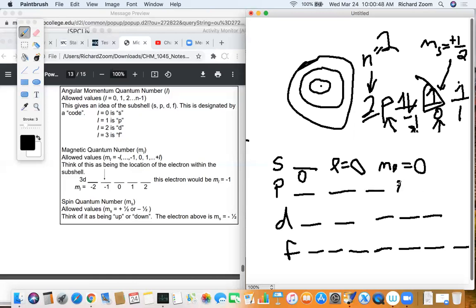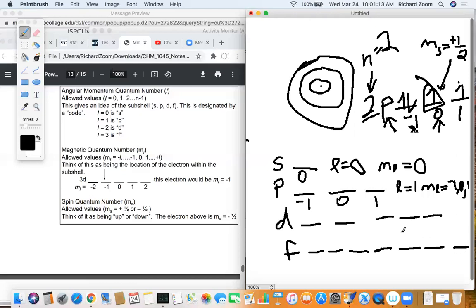For P, the value is L equals 1. So M sub L can be negative 1, 0, or 1, which means this will be negative 1, this will be 0, and this will be 1.